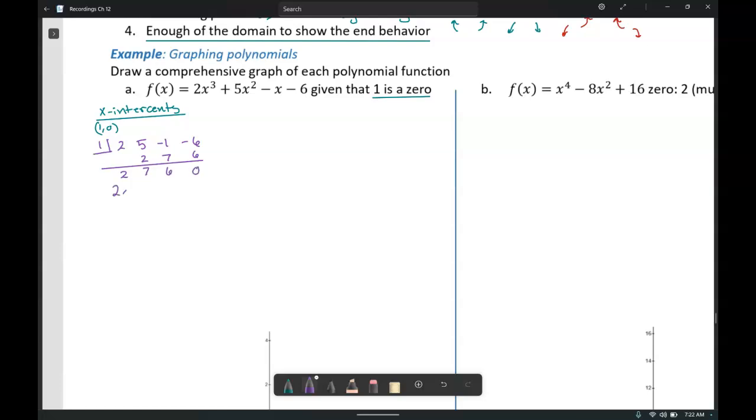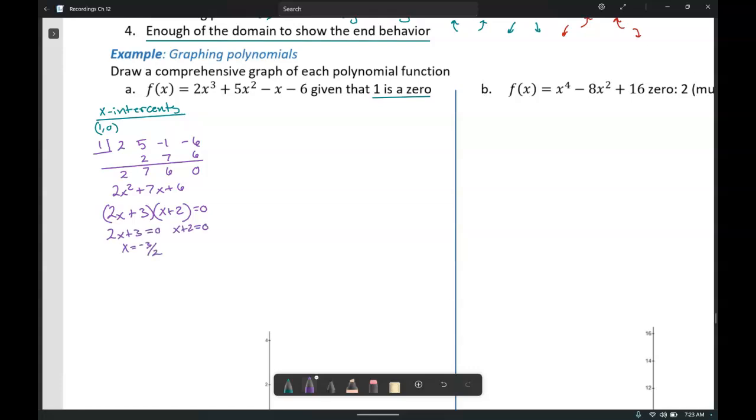So we're left with the quadratic 2x squared plus 7x plus 6. And so now we just need to factorize it and get our two zeros. So using our factoring methods, we end up with 2x plus 3 and x plus 2 for our factors. So we go ahead and set each of those factors to 0.